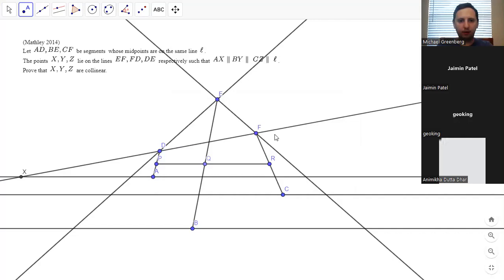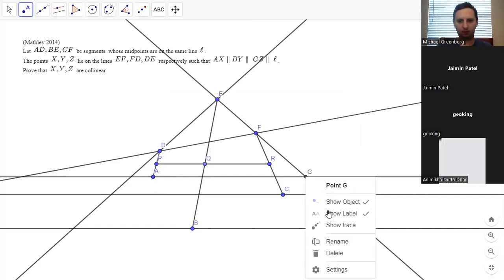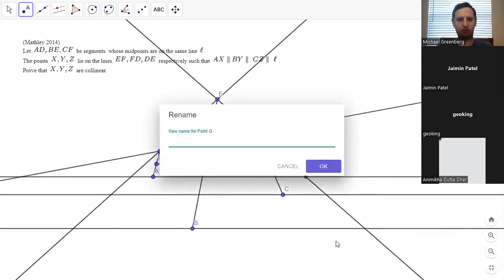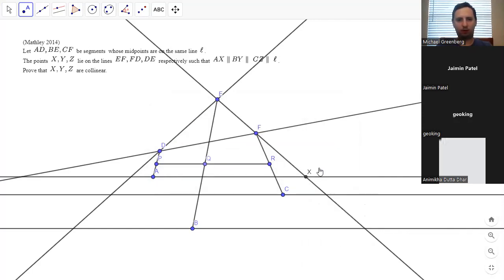Is that right? No. Whoops. This should be X. And then I need to see where this line meets the F. Okay, that's what makes it tricky.